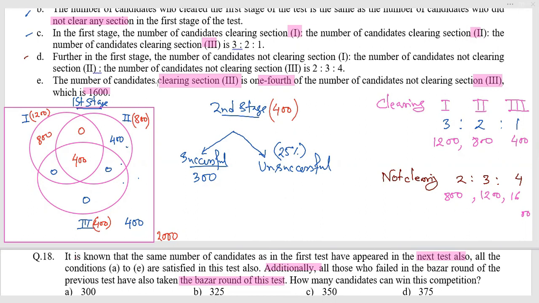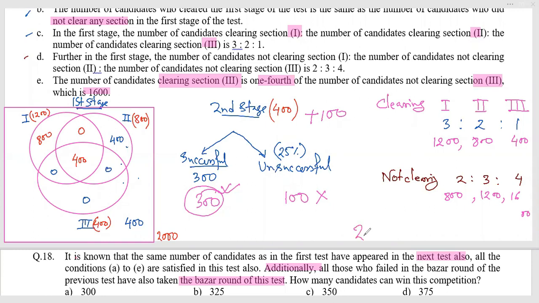So what is the added part of it? Now I can see that it was 100 and it was 300. 300 successful, but that 100 were not successful, they failed. They have appeared, but all earlier information remains the same. That means all earlier information up to 400 remains the same. Now these 100 will also add up with it. So 25% is unsuccessful in our second test.